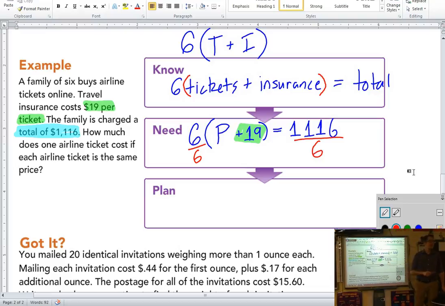When I divide by 6, what I'm going to end up looking at is the price of the ticket plus that one ticket insurance equals what one ticket and its insurance cost. That's like the per person cost.